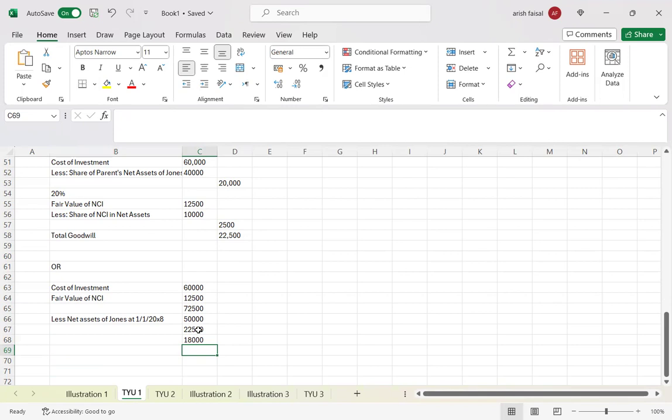So it won't help you to differentiate between how much is the goodwill of the controlling part and how much is the goodwill of the NCI part. However, in MCQs, if you're short of time and you want a quick way to find out the total goodwill, this approach can work quite well also. Okay.